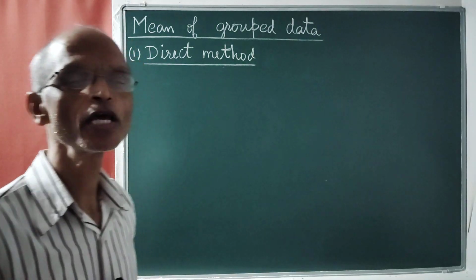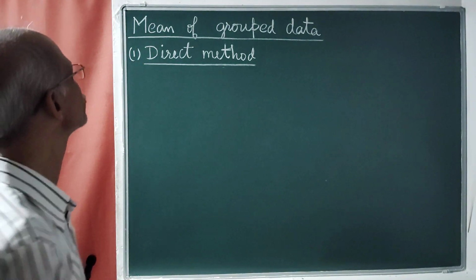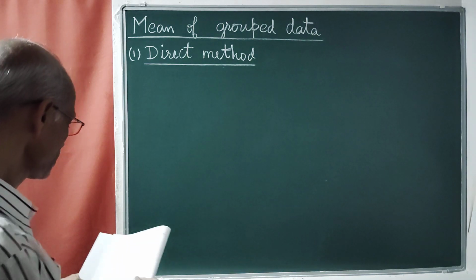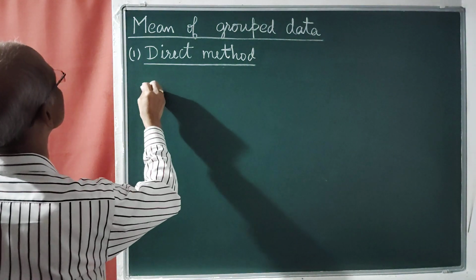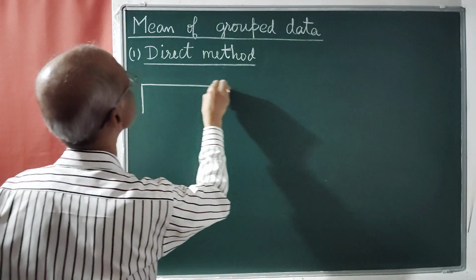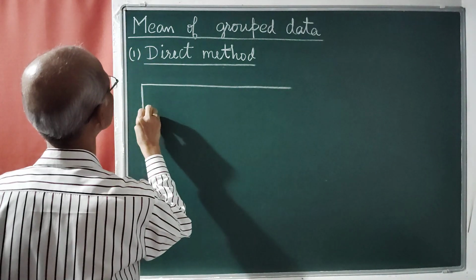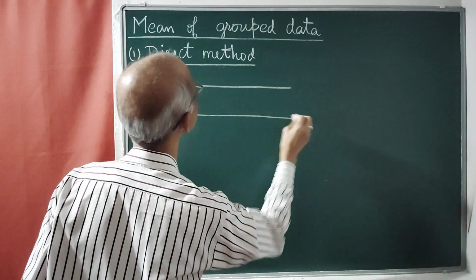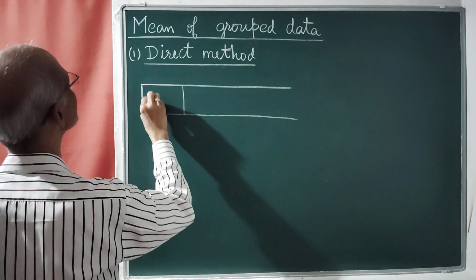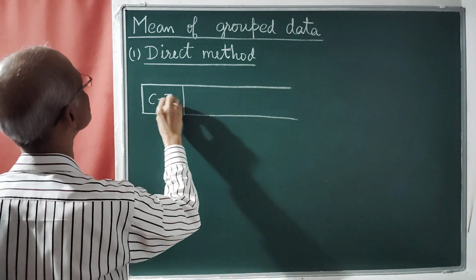Now we will see how to find the mean by using the direct method. In this method, in the first row, we will see what the columns are. The first column is the class intervals.